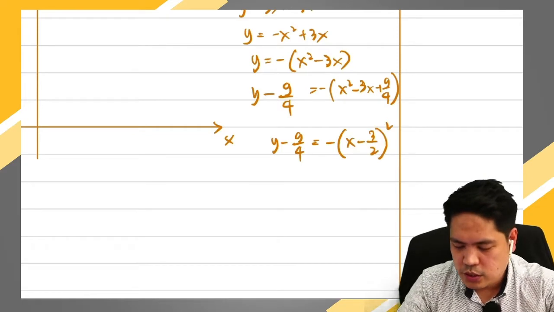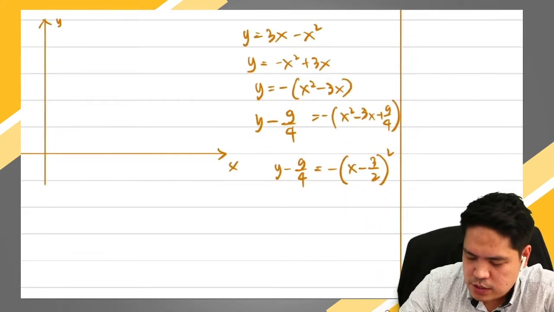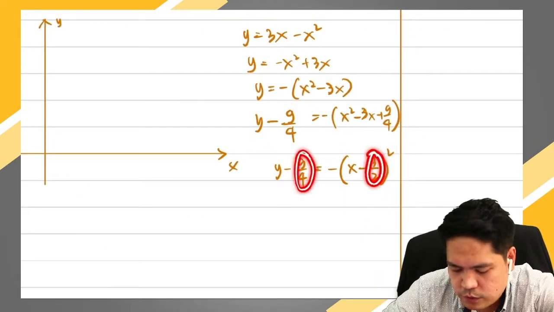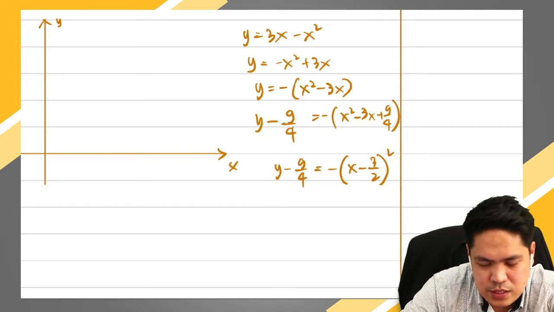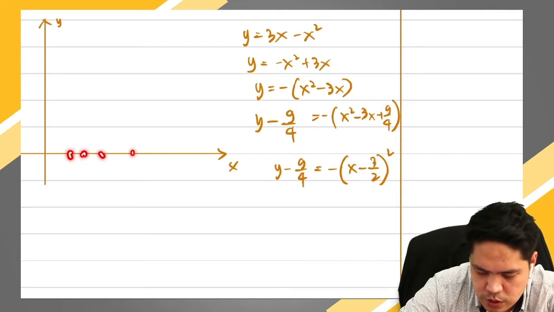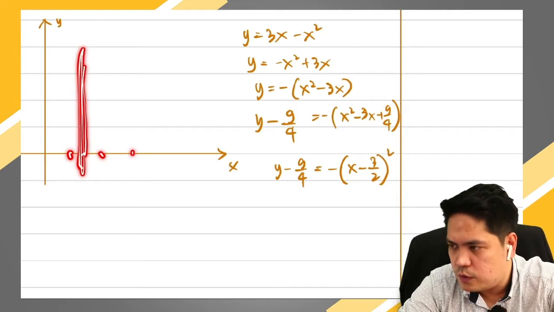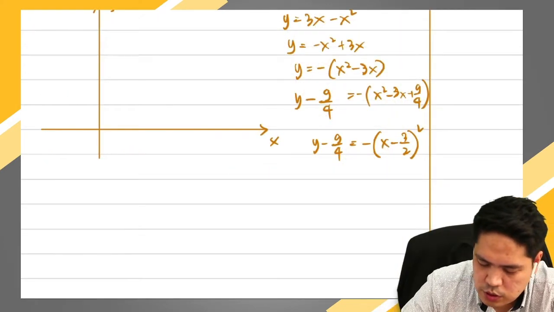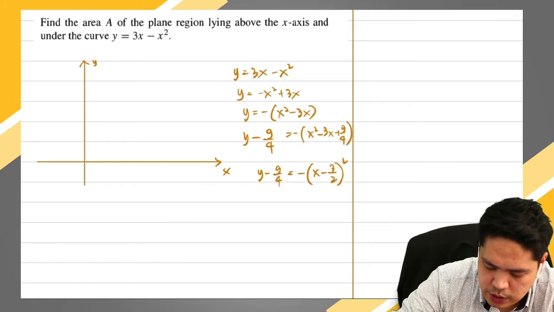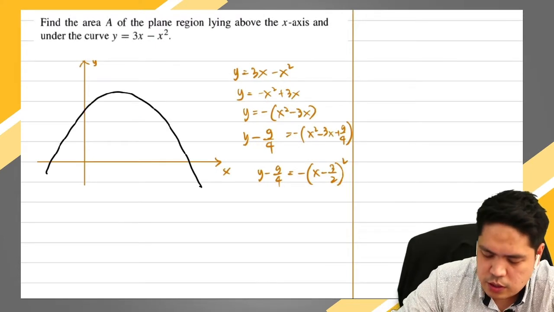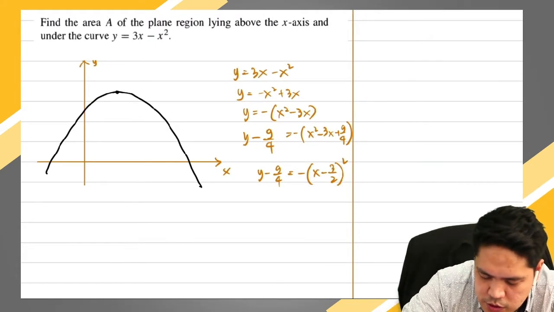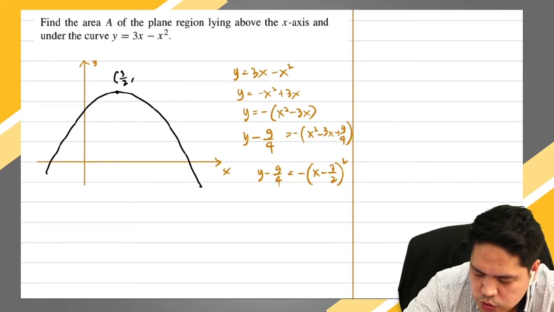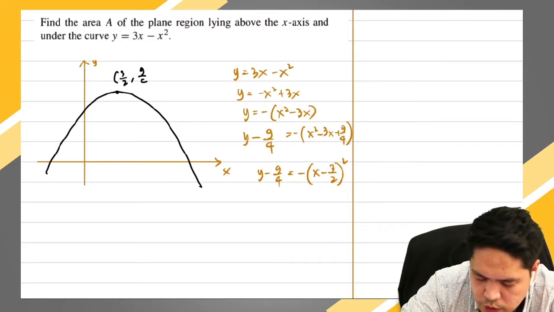So our h, k, or the vertex, is at 3 halves, 9 over 4. So that would be 3 over 2, 9 over 4. So therefore, this parabola is like this. Then this vertex is 3 over 2, 9 over 4.